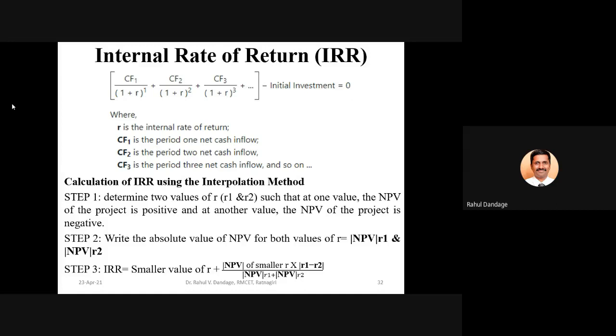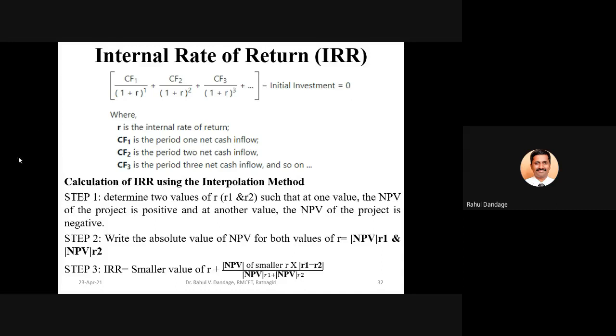Depending upon whether it comes out positive or negative, we select another value of R so that we have two values of NPV for the two discount rates, positive for one and negative for the other. Then obtain the absolute NPV for R1 as well as for R2, and apply the formula: IRR is equal to the smaller of R1 and R2, plus the absolute NPV for the smaller R multiplied by the absolute difference between R1 and R2, divided by the summation of the absolute NPV for R1 and the absolute NPV for R2.